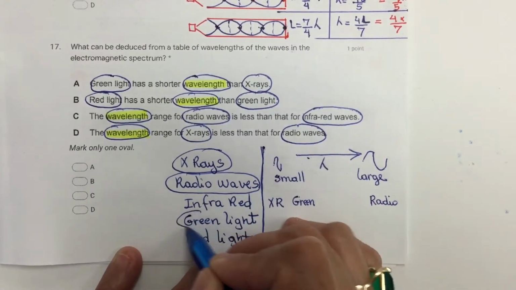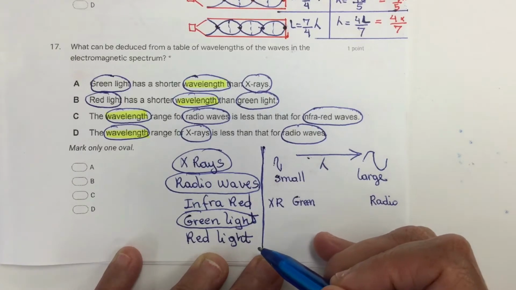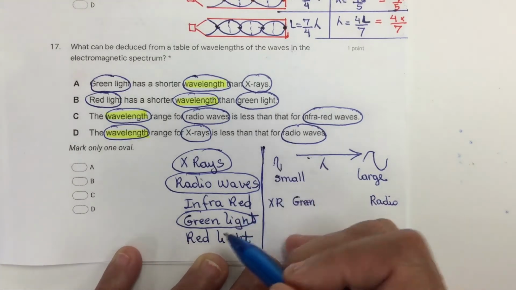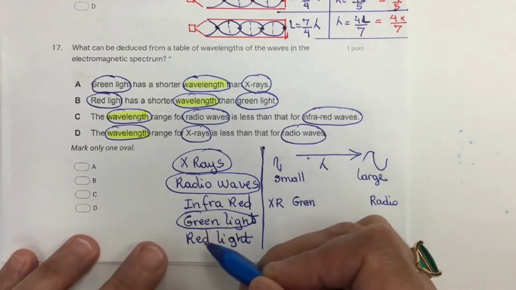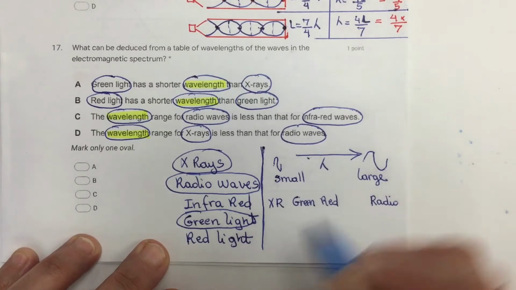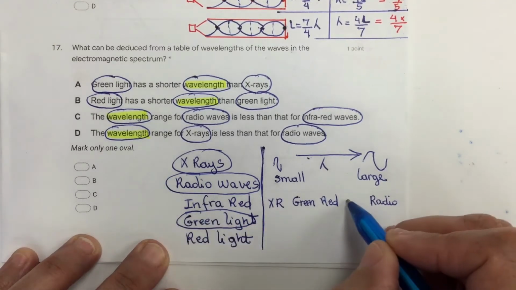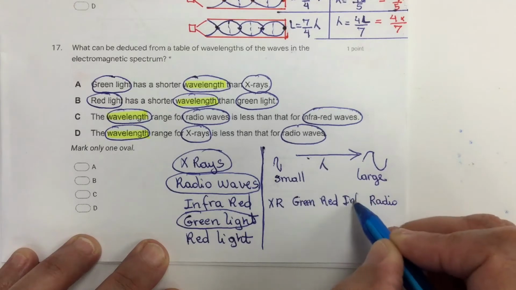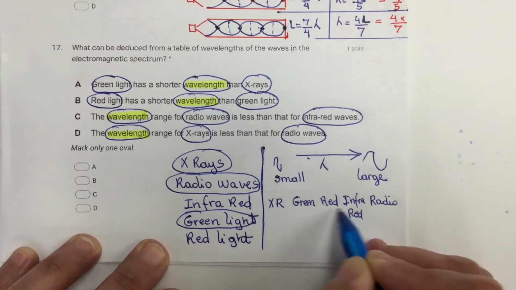Great, now we took care of the green light. Now the visible light stays together, so let's keep going with the next color in this problem, which is red. So now this will be red. What is missing now? The infrared, because it needs to be together with red.